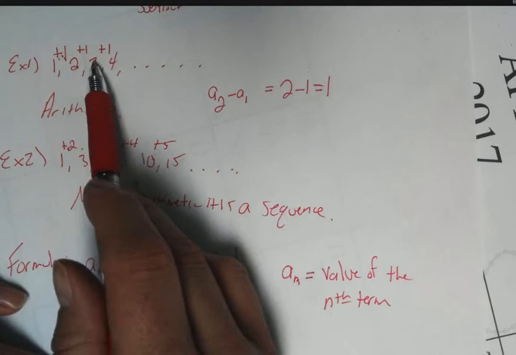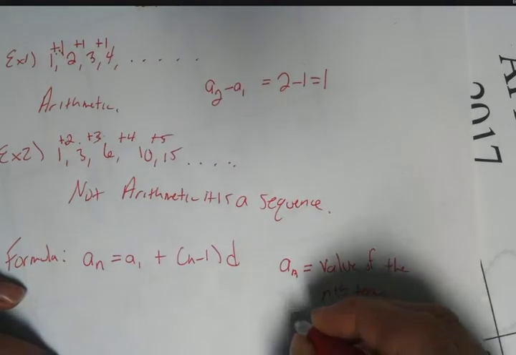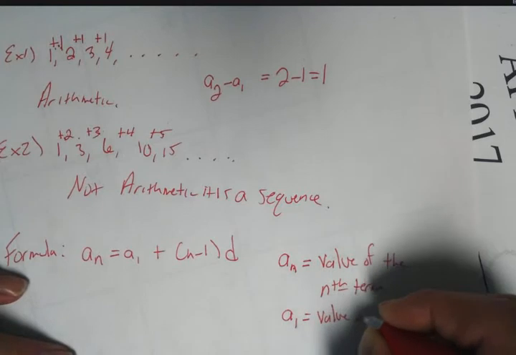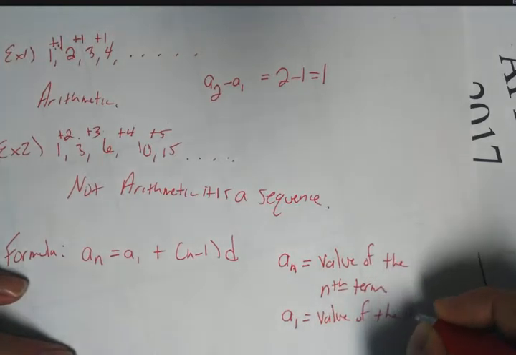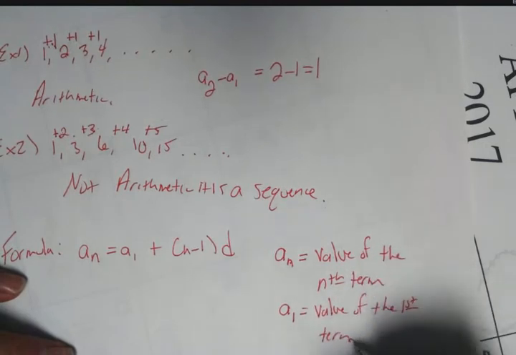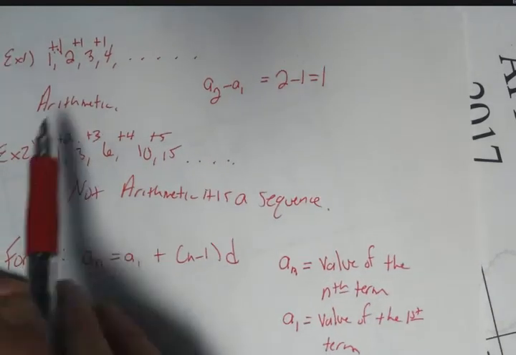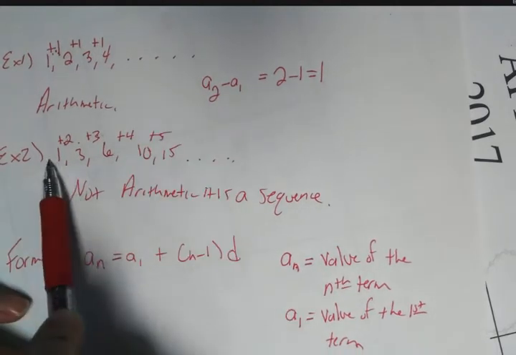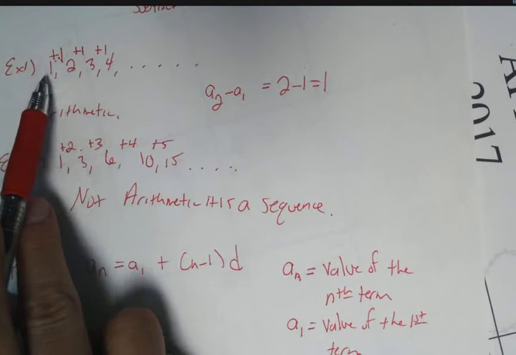The value is 3. Okay. A1, which would be the value of the 1st term. So if I'm looking up here in the previous examples, this is the value of the 1st term, 1, and then also this one had the exact same value.